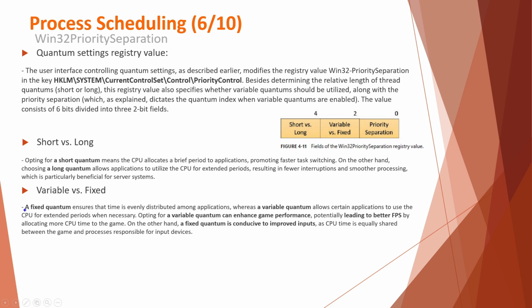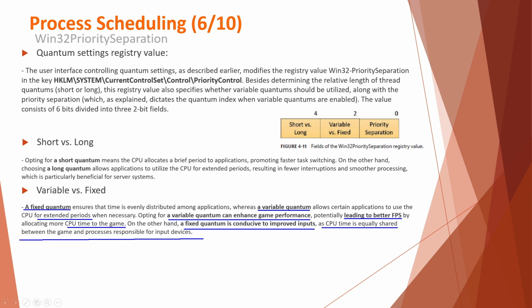Variable versus fixed. A fixed quantum ensures that time is evenly distributed among applications, whereas a variable quantum allows certain applications to use the CPU for extended periods when necessary. Opting for a variable quantum can enhance gaming performance, potentially leading to better FPS by allocating more CPU time to the game. On the other hand, a fixed quantum is conducive to improved input, which means reduced latency, as the CPU time is equally shared between the game and the processes responsible for input devices.